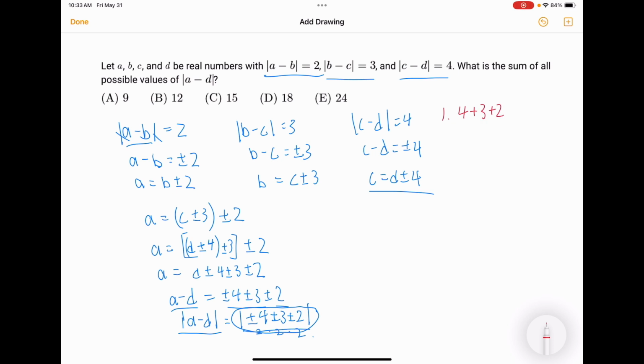That's just the very basic one, and that gives us 9. So that's one possibility. And then we have 4 plus 3 minus 2, and that gives us 5.